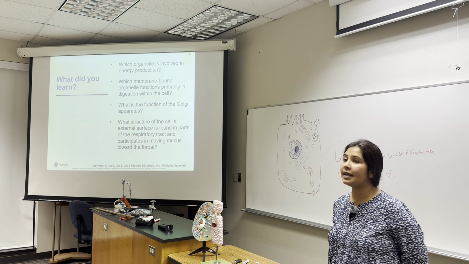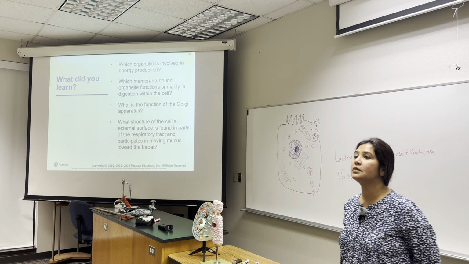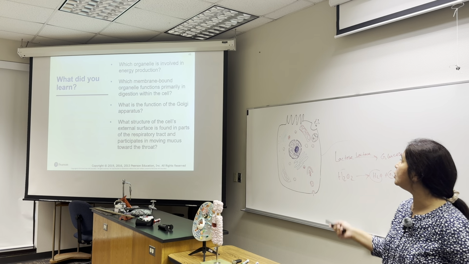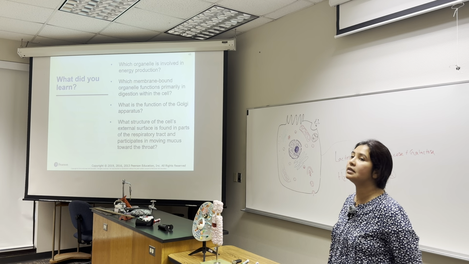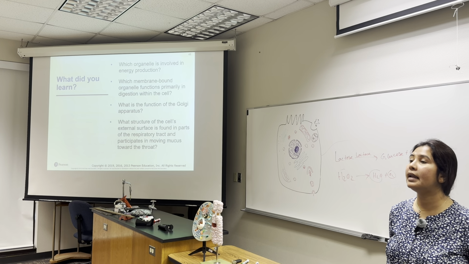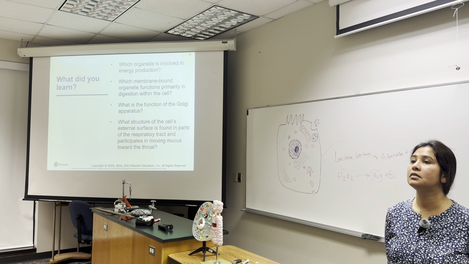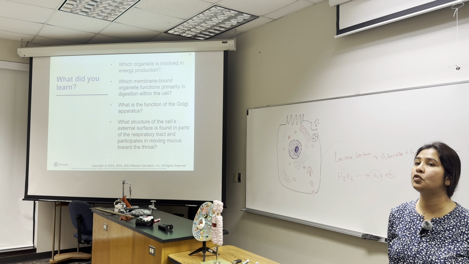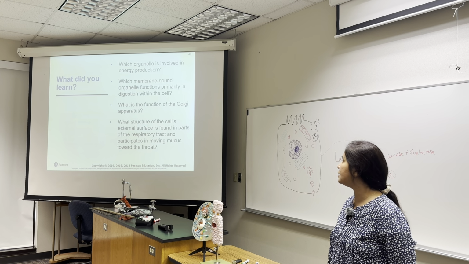Okay, so now let's see how much you remember. Which organelle is involved in energy production? Mitochondria, very good. Which membrane-bound organelle functions primarily in digestion within the cell? Lysosome, very good. What is the function of the Golgi apparatus? Sorting, labeling, modifying, packaging and dispatching.